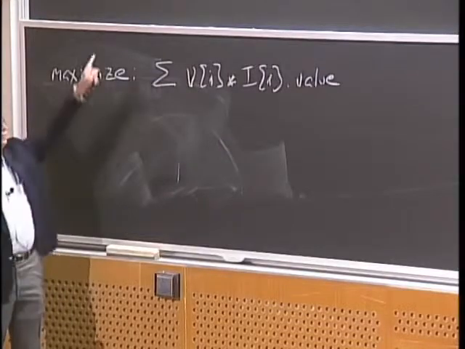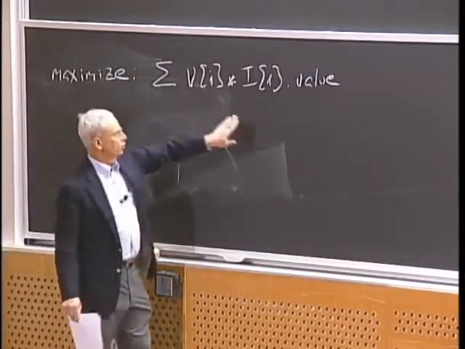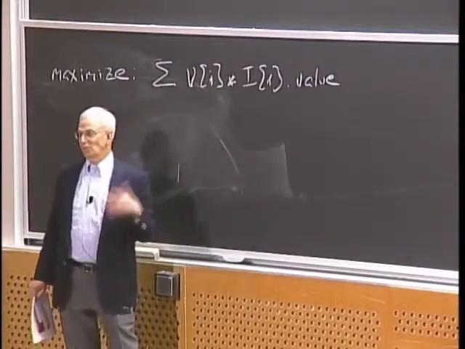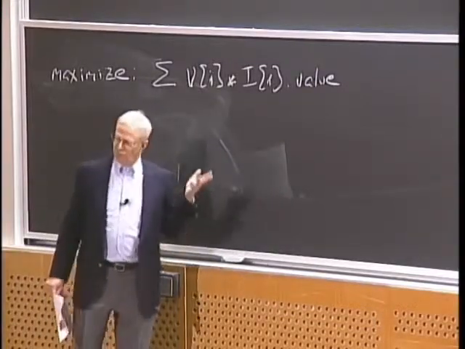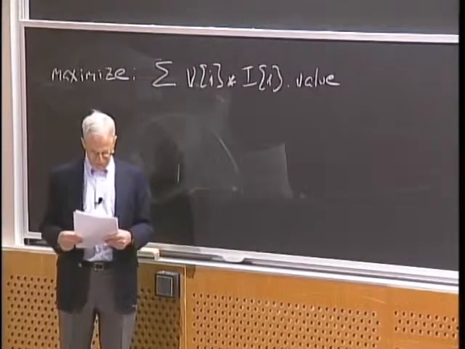So that's the trick of the 0 and 1. If I don't take it, it's 0, so it's 0 times the value. If I take it, it's 1 times the value.